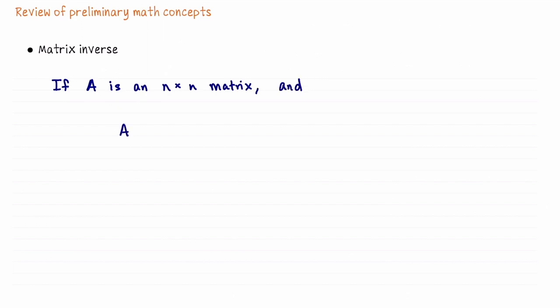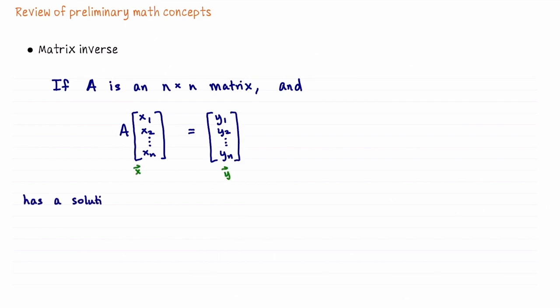and the matrix equation A times some vector x equals some vector y, if this equation has a solution for any choice of right-hand side y, then we say A is an invertible matrix.